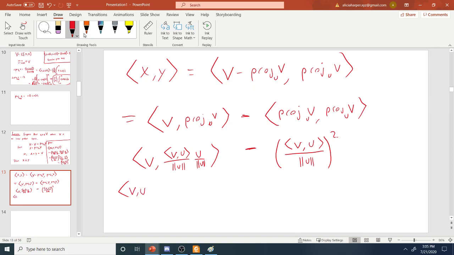So we have v and u divided by the norm of u. In fact, we can pull the norm of u out from both of these denominators, so we can pull that out as a square. And what's left is v inner product with u minus this thing over here.